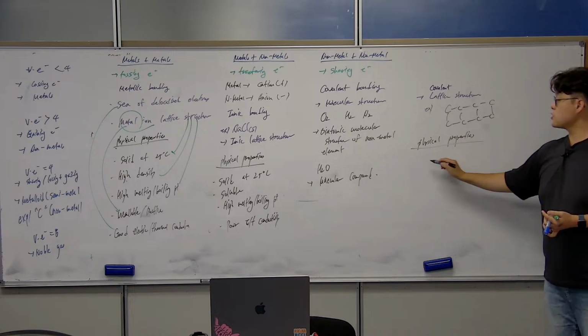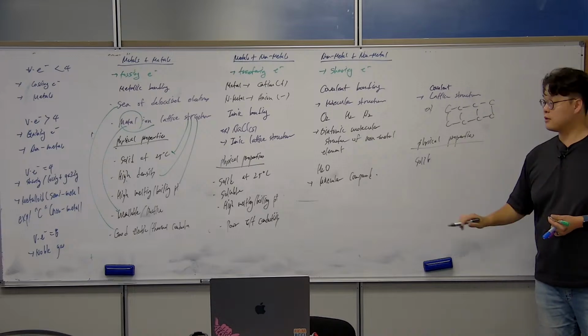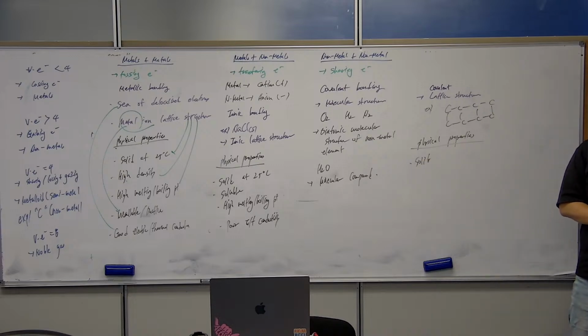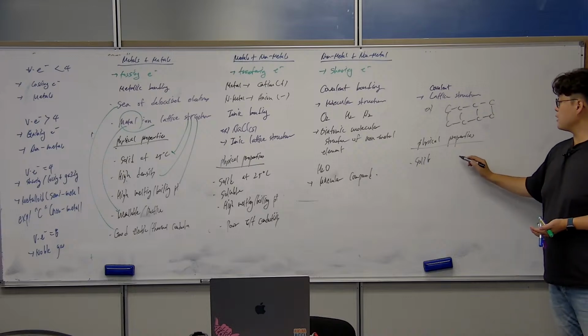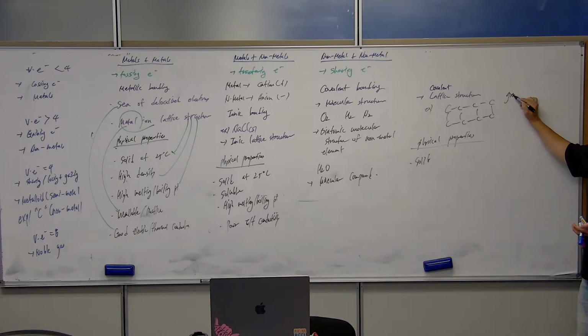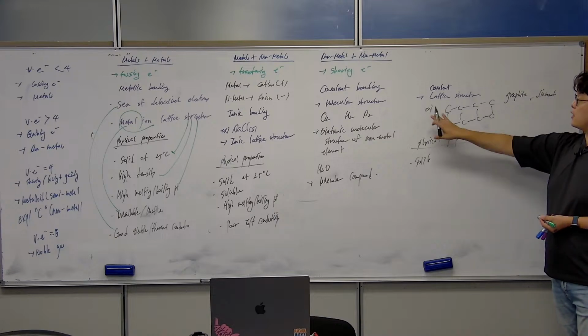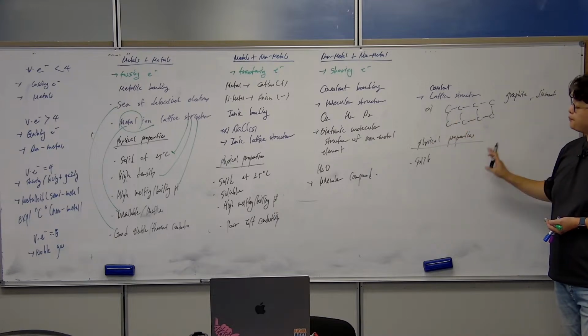It would be in the solid state at room temperature, obviously, because it's a lattice structure. A good example is graphite or diamonds, covalent lattice structures made of carbon.